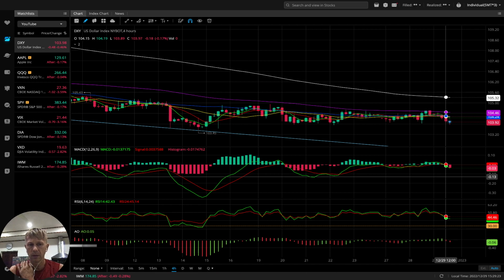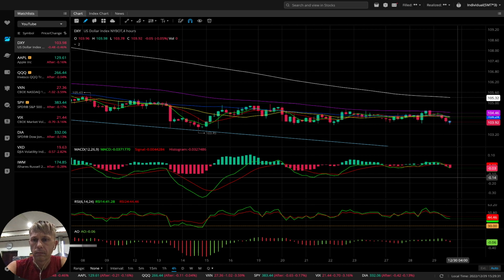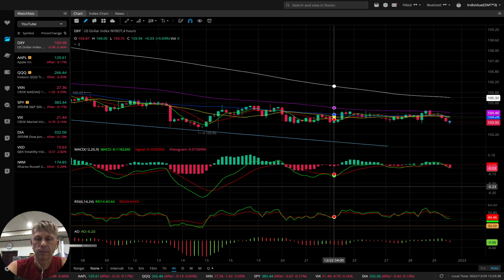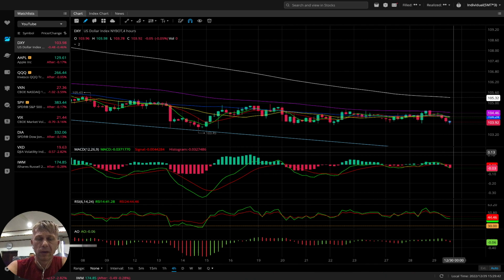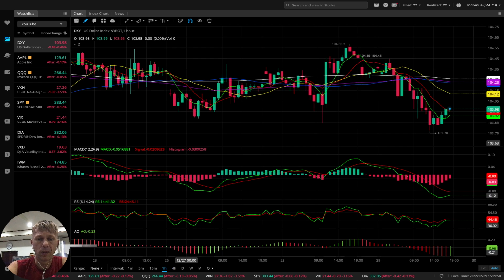Awesome oscillator is also bearish for the last two bars. Bearish signal on all indicators, but still has bullish divergences. The last bar is below all moving averages. It's bullish for the stock market, for indexes. Let's move to 1 hour.